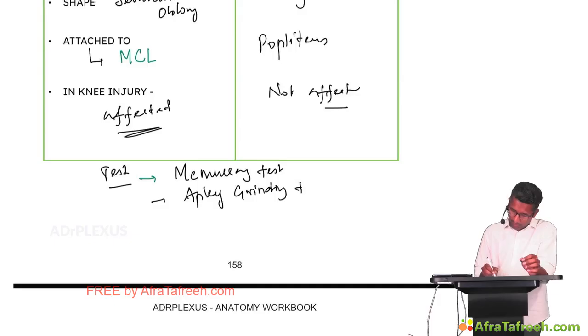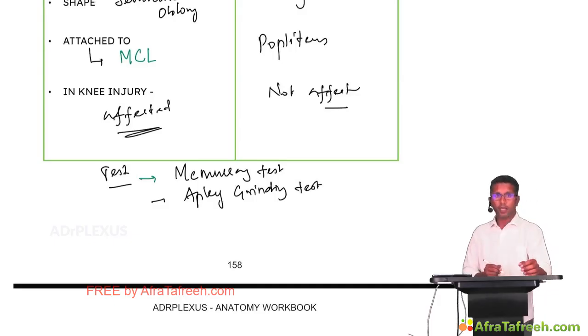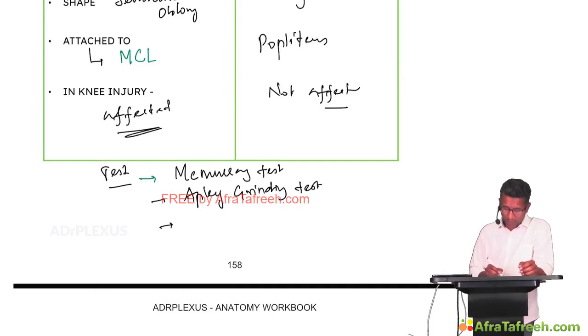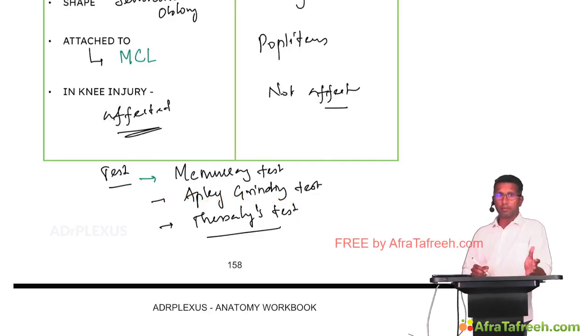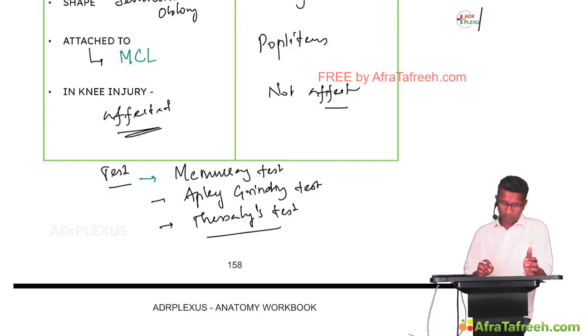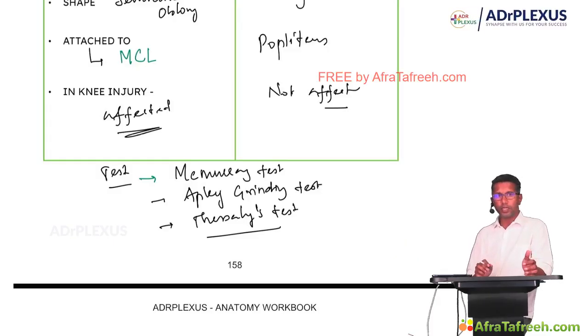Then there is a test called Thessaly's test. These tests are used to check for a medial or lateral meniscus tear. Whenever you suspect a meniscal tear, you can do these tests to check for it. So this is about the knee joint.